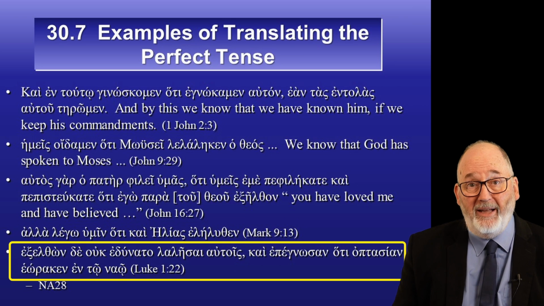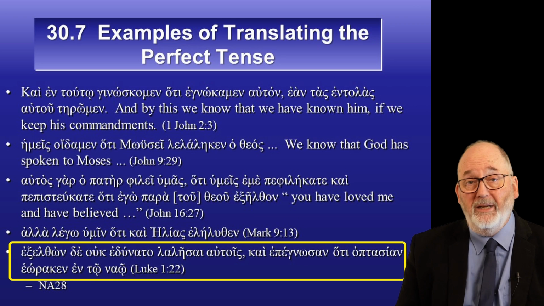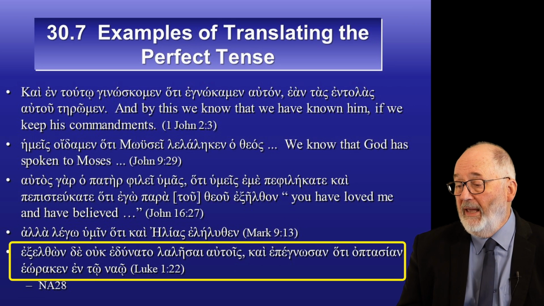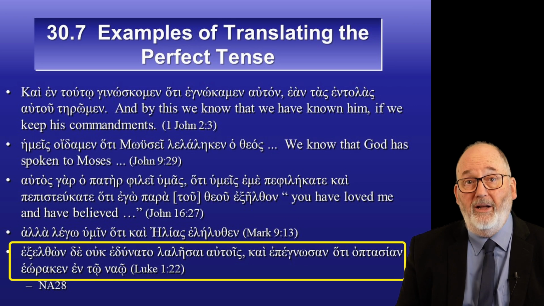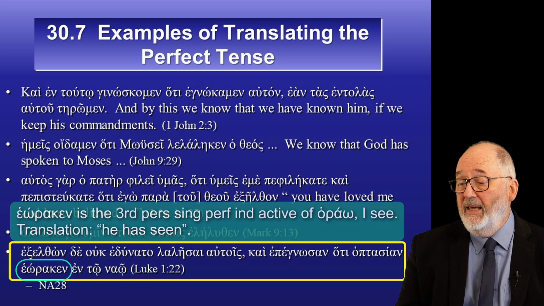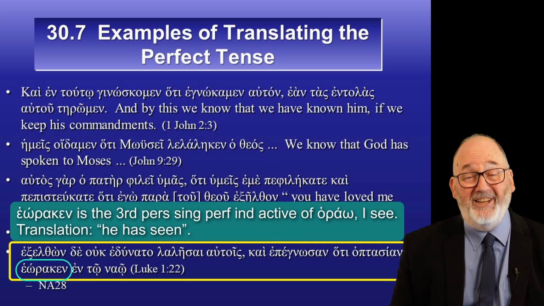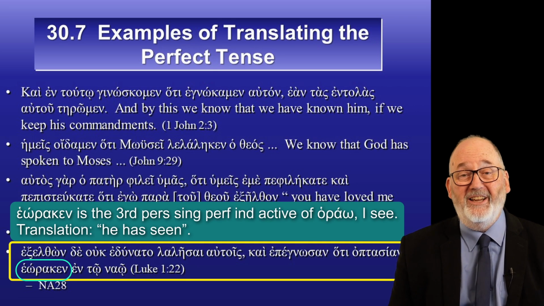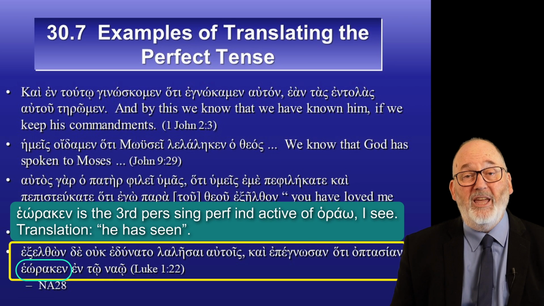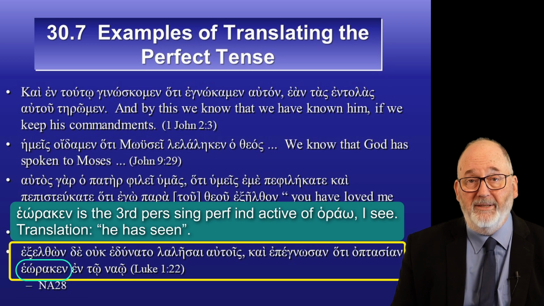And when he came out from the temple, exelthōn, when he came out, he was not able to speak to them. And they knew hoti, that optasian, a vision, he had seen a vision in the temple. And again, here is a clear change of state. Something happened in the past, he saw a vision, and it still is affecting the present.